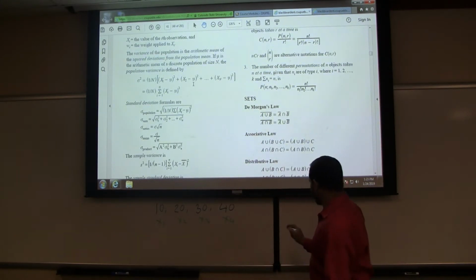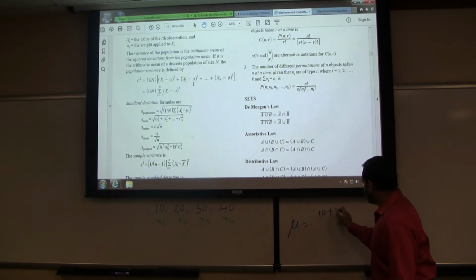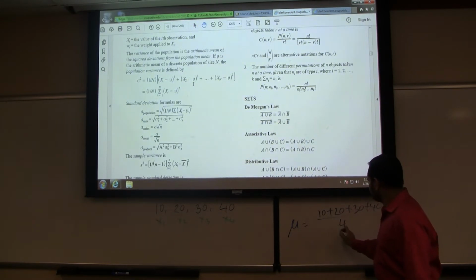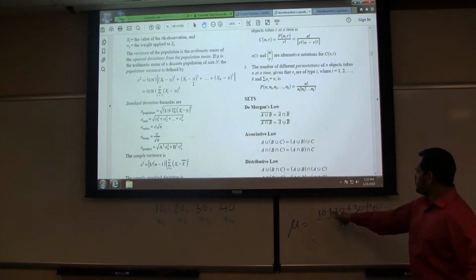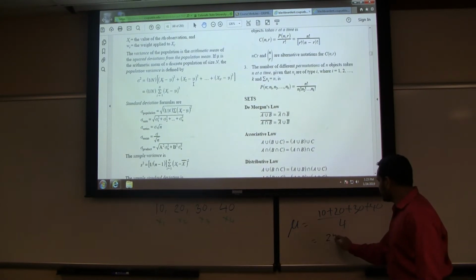Okay, find the mean. So mu is just the summation of this: 10 plus 20 plus 30 plus 40 divided by 1, 2, 3, 4, so 4. 10 plus 20 is 30, plus 30 is 60, 60 plus 40 is 100, divided by 4, 25.